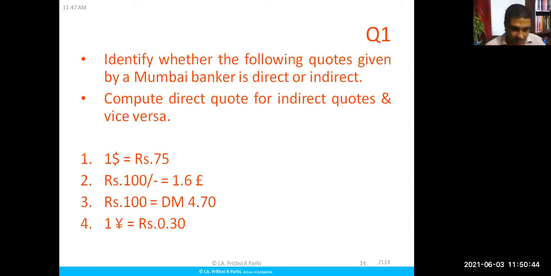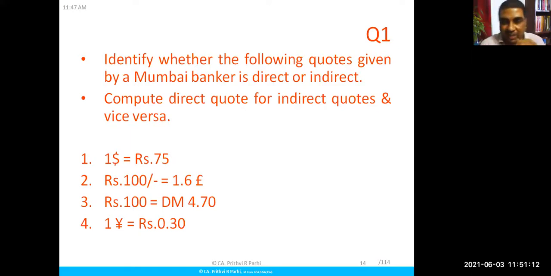How much? I think 1/75. How much is that? Go up to 4 decimals. 0.0133. Right.